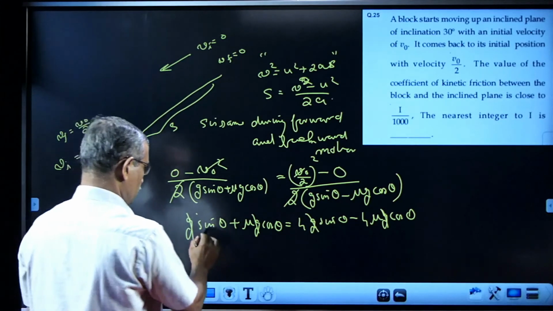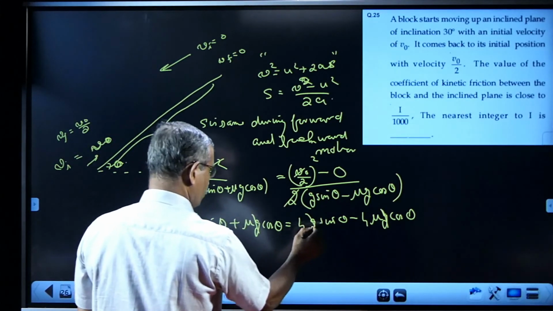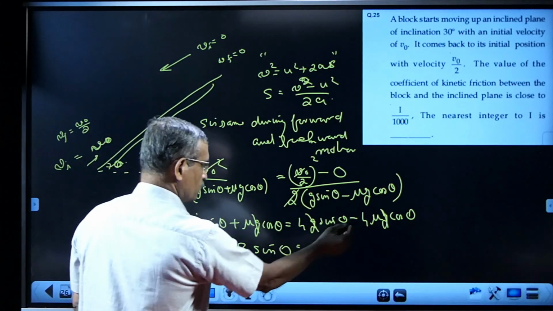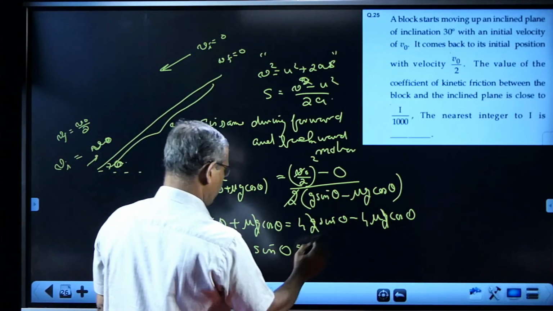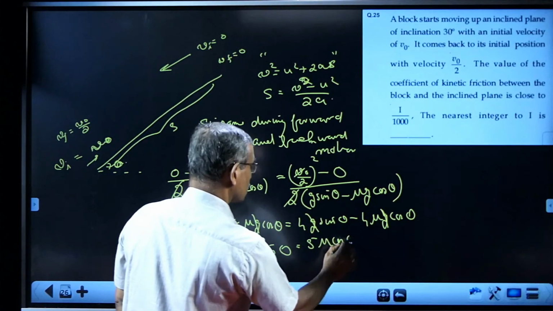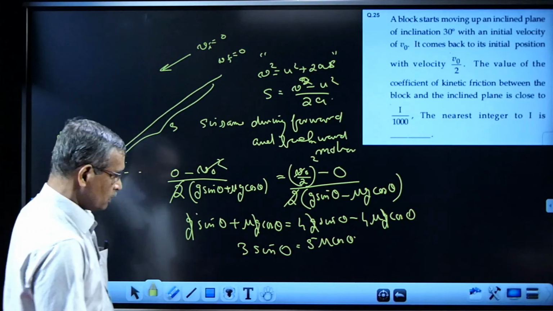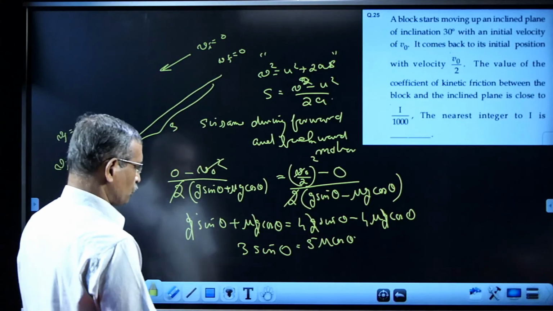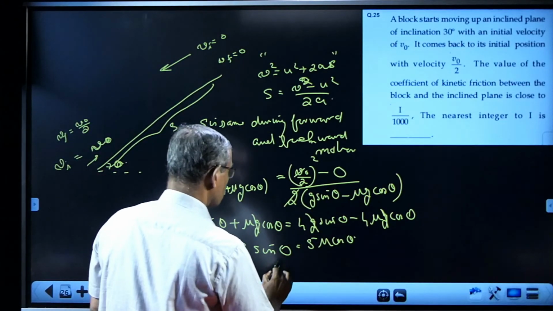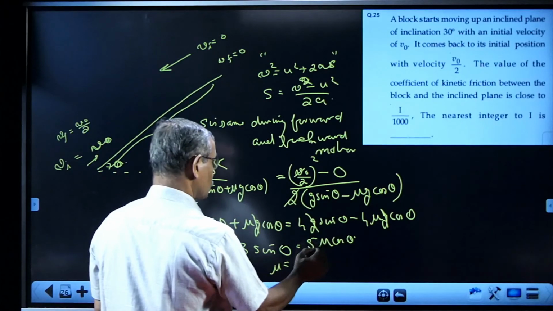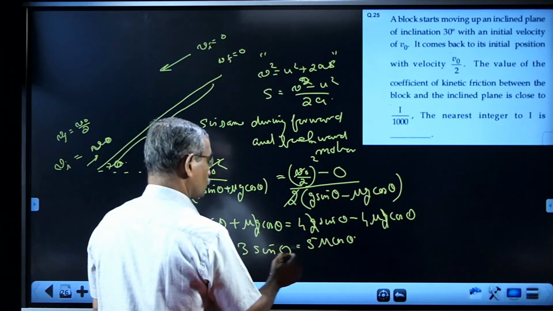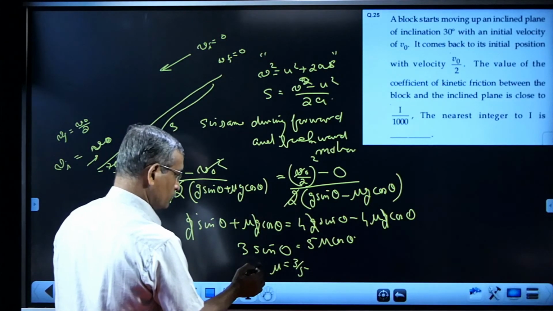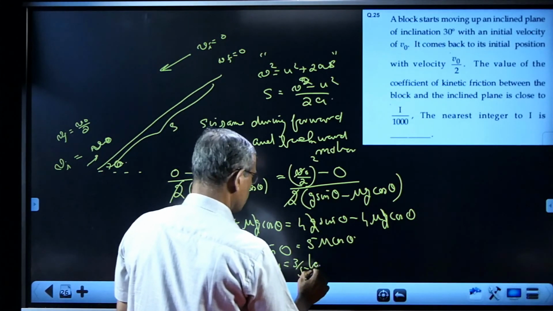Now take terms to the other side: 3 sin theta is equal to 5 mu cos theta. Therefore, the coefficient of friction mu is equal to 3 by 5 sin by cos, tan theta.